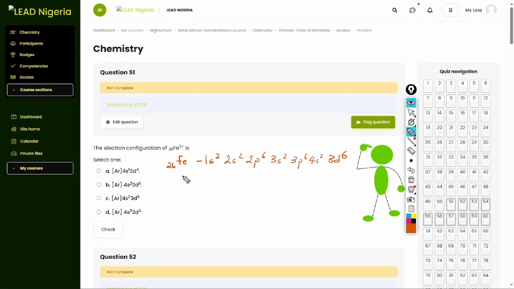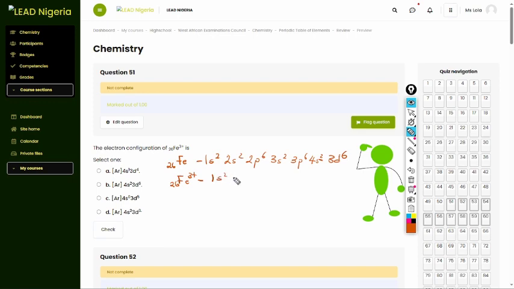Now when iron forms a 3 plus ion, 2 electrons from the 4s orbital are lost. So transition metals lose electrons from the 4s before the 3d orbitals. So 2 electrons here are lost, and then 1 electron from the 3d is also lost.